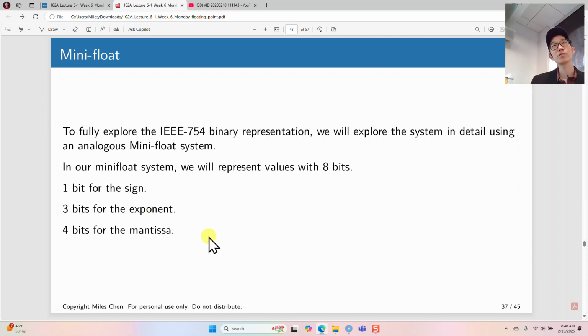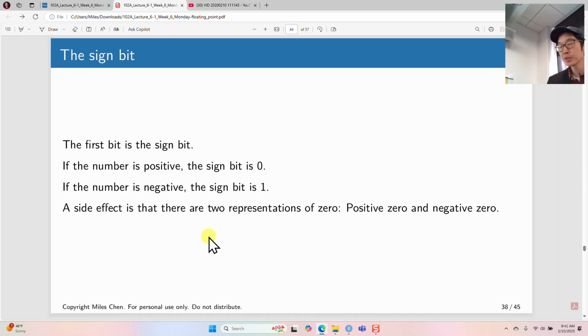This is going to give us a very limited number range, but it's going to follow all of the same principles that the big double floating point does, and basically all of the same implications and ideas that apply for the big version also apply to this. It's just to a smaller number range.